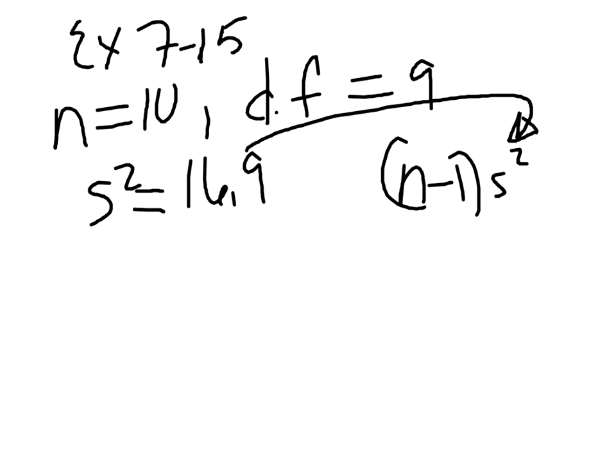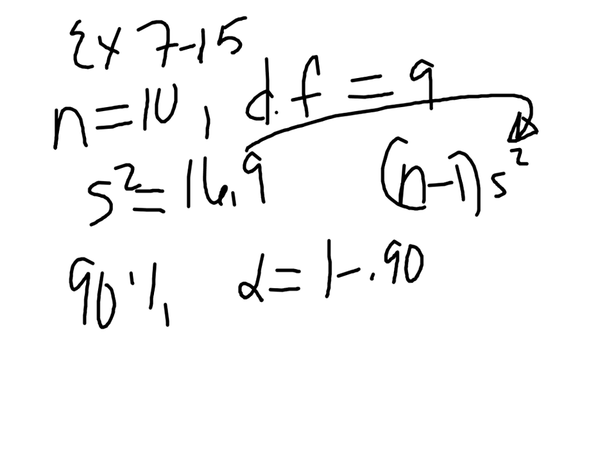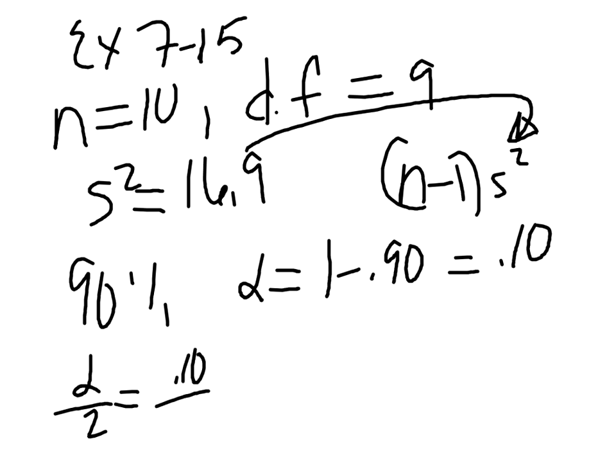So if I quickly go through what we would need to do, we want the 90% confidence interval on this. As you might recall, to find our alpha, it equals 1 minus 0.90. So alpha equals 0.10. Then we need to cut that in half, to find alpha over 2.